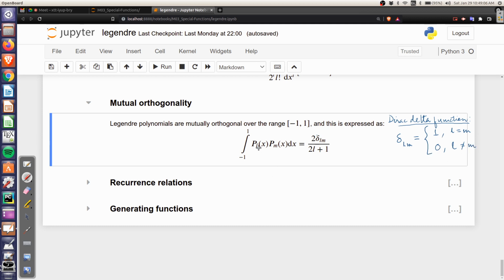So it means only if L and M are equal, then we'll have 2 by 2L plus 1. If L and M are not equal, then this integral will straight away be equal to 0. Okay, is that clear? Do you expect this kind of behavior? Yes, we do, right?